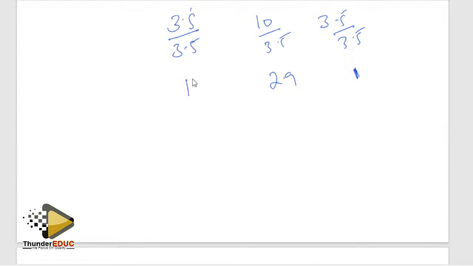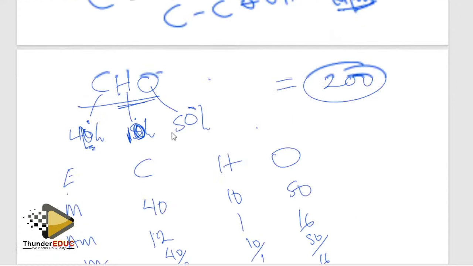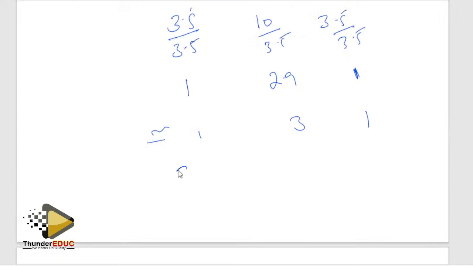So now this is approximately 1, this is approximately 3, and this is approximately 1. So you substitute here: C is 1, H is 3, and oxygen is also 1. That's done. That is the empirical formula of that structure.